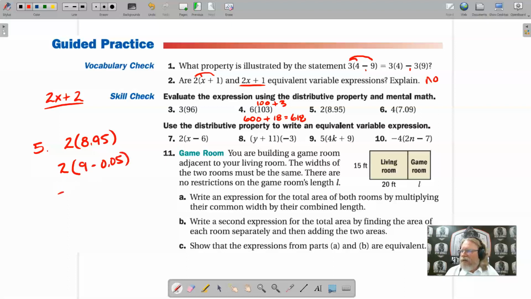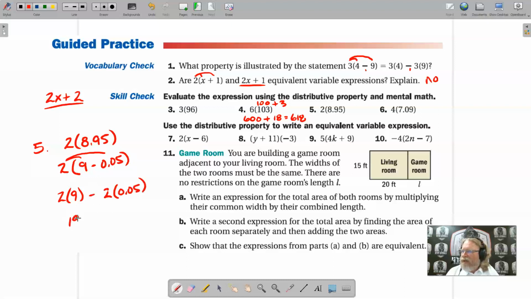So let's do 2 times 9, and 2 times the 0.05. Distributed the 2 to both of them. This is subtraction, so we'll go ahead and leave that there.